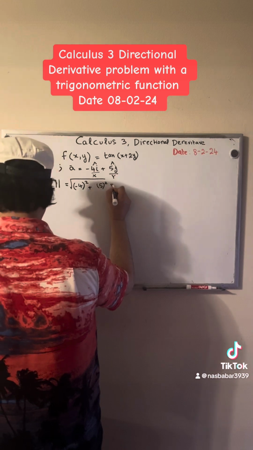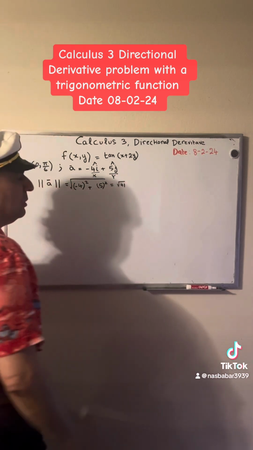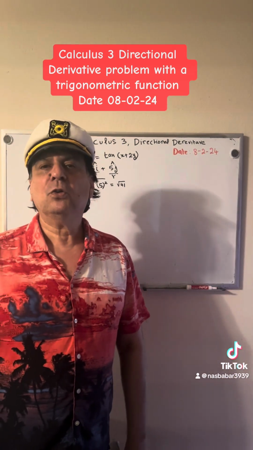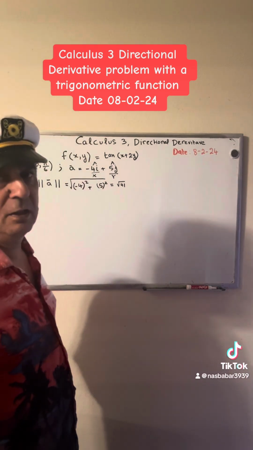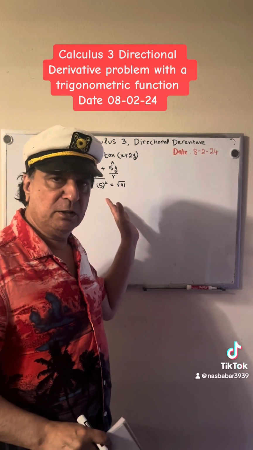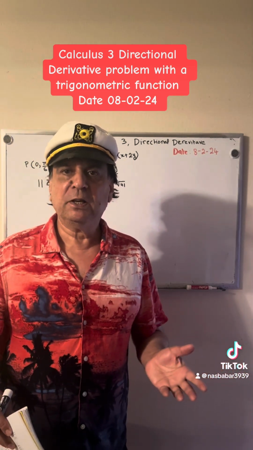When you do that, you get the square root of 41. So clearly, it is not a unit vector, because if it was, I would have gotten 1 over here. With the square root of 41, we cannot find the directional derivative.